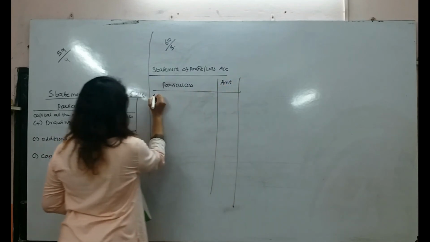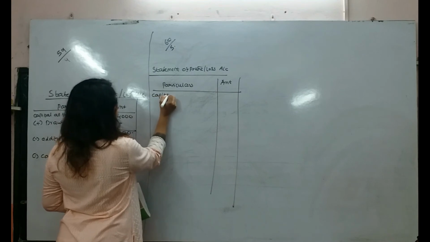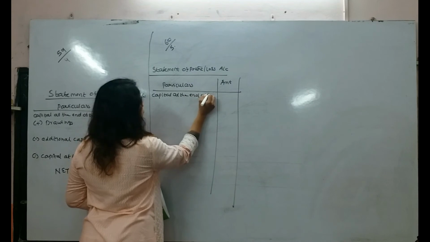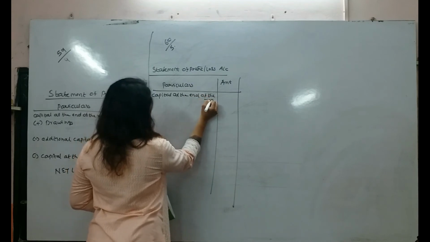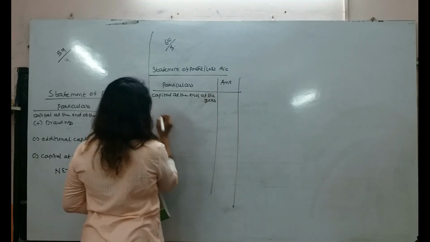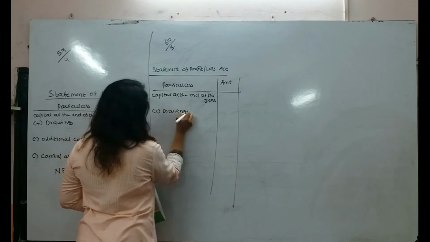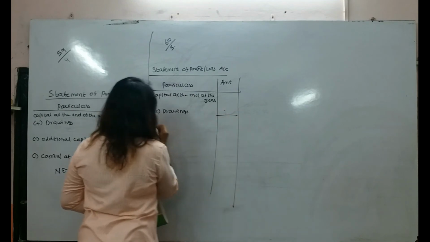First is capital at the end of the year. This is what they are asking us to calculate. Add drawings. They didn't give any information about drawings.